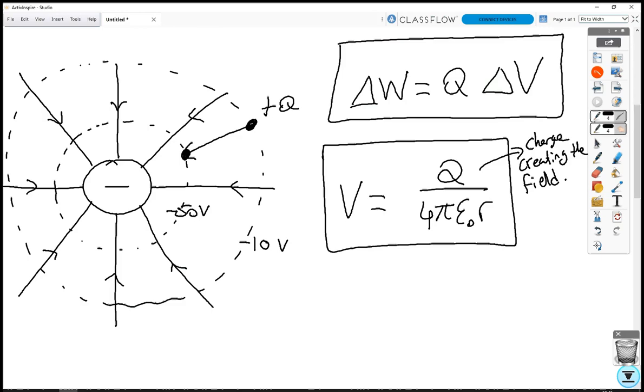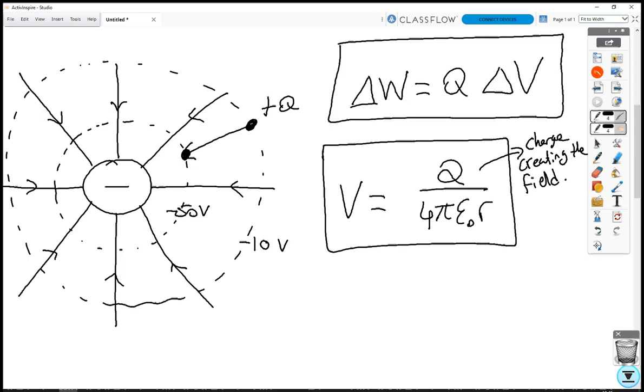So it gives us a negative number, similar to how in gravitational fields we have a negative number. But if it was being generated by a positive charge, then V is going to give us a positive number because Q would be positive. So the sign of V depends on whether the charge that's creating the field is positive or negative.